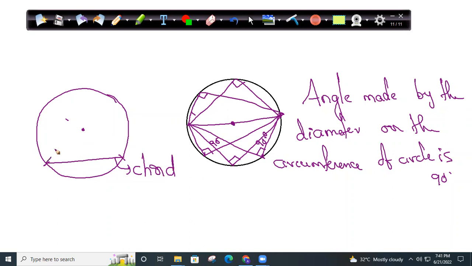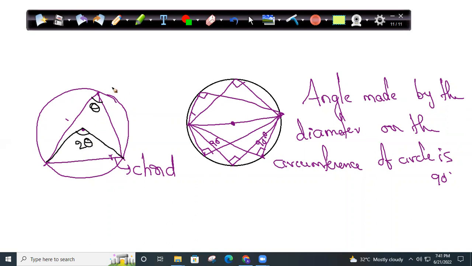If the chord makes an angle of theta on the circumference of the circle, it makes an angle of 2 theta at the center of the circle.